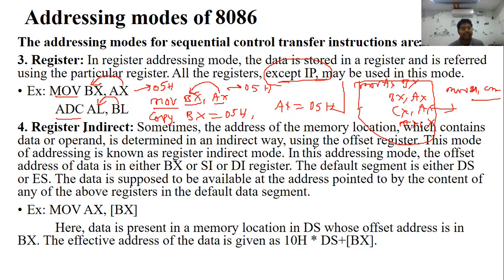Register indirect is an important one. Register direct means we copy the information from one register to another register.